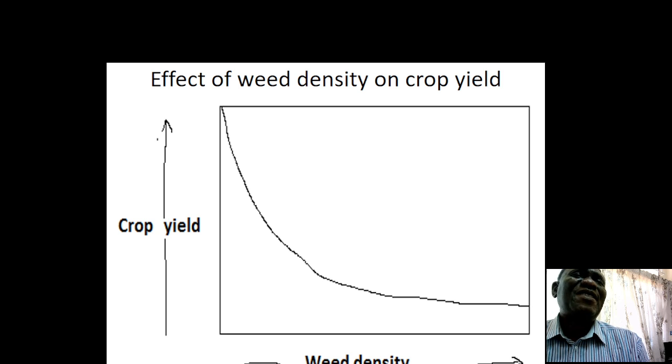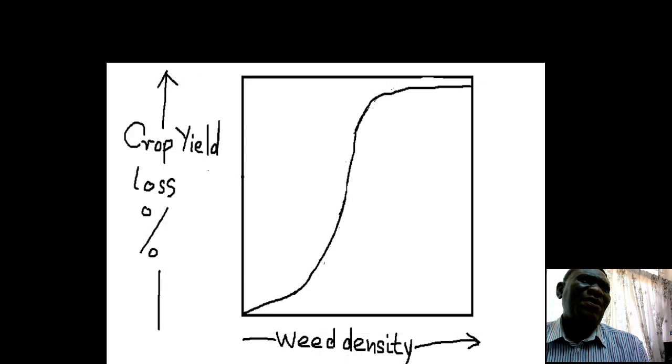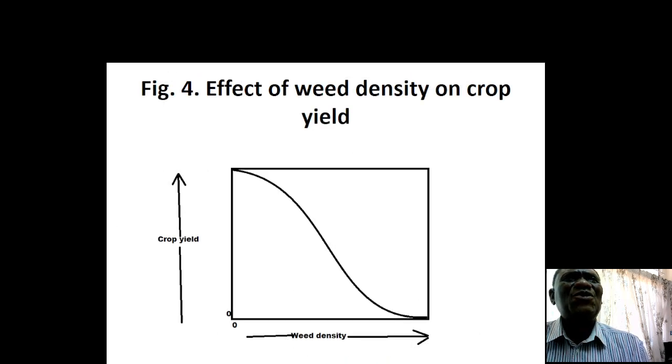But some scientists think that if you relate crop yield and weed density, you get that kind of a curve. As long as you have weeds, there is no delay in crop yield loss. You will have reduced yields. Whereas this graph seems to indicate that there are certain weed densities where crop yield is not seriously affected.